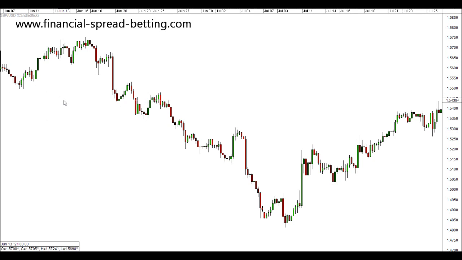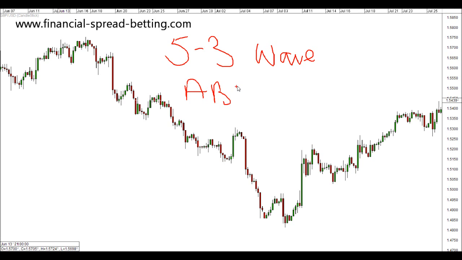Now, there are two parts to the theory that I'll be looking at in this video and the next video. The first is the 5-3 wave pattern, and the second is the ABC correction.